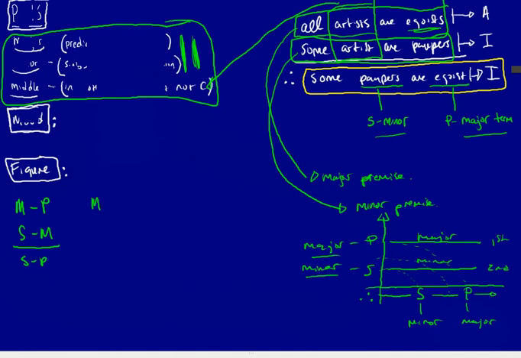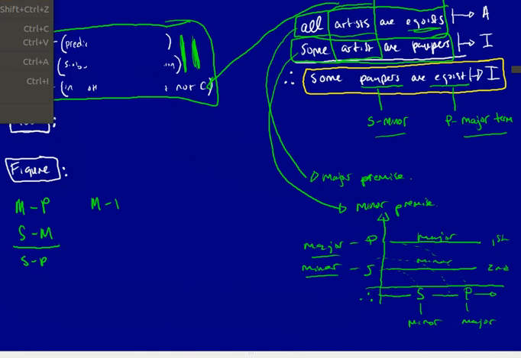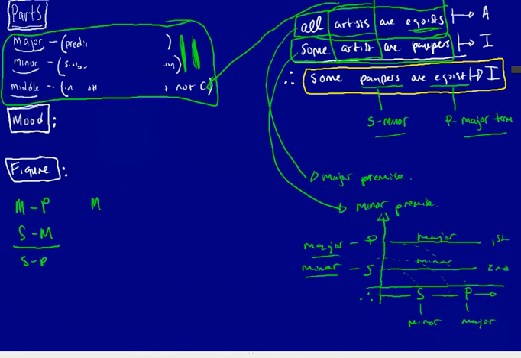Then the next one is P dash M, then S dash M, therefore S dash P. And then over here, M dash P, M dash S, therefore S dash P. And what's this last one here?